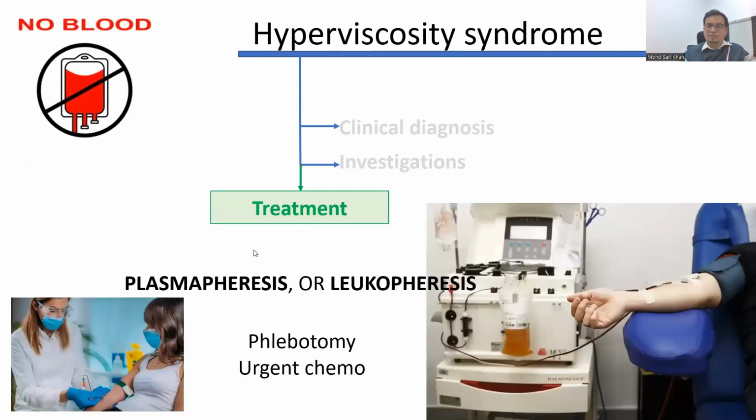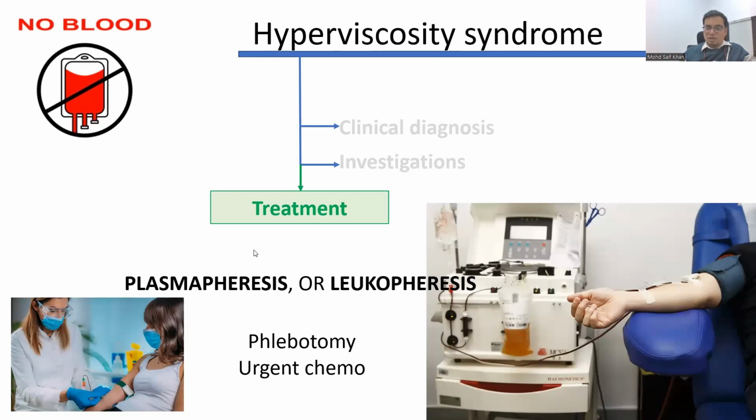The mainstay of treatment is decreasing serum viscosity through plasmapheresis or leukapheresis. If it is an antibody or protein which is causing hyperviscosity syndrome, you need to perform plasmapheresis. And if it is the cell, the WBC, which is leading to hyperviscosity, then you need to perform leukapheresis, especially in cases of leukemia.